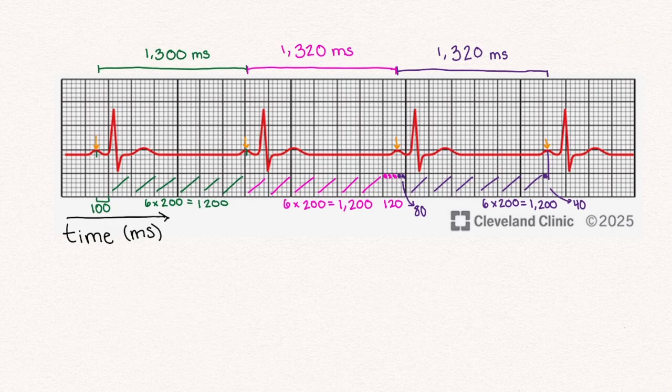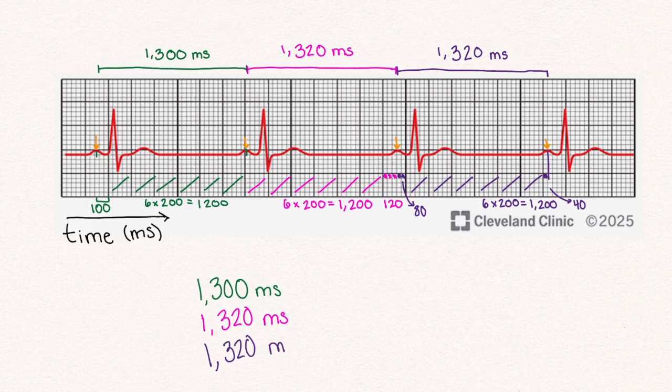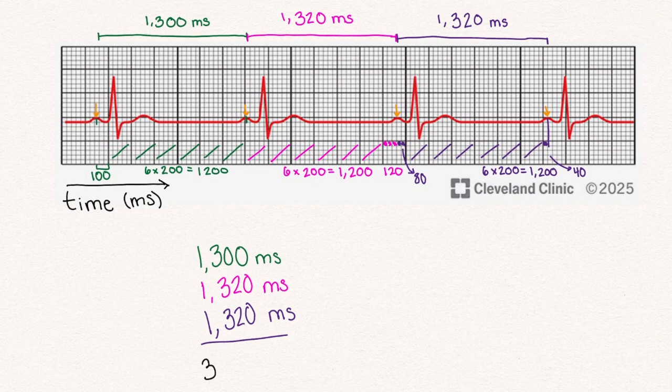Now, I need to find the average distance between P wave crests. To do that, I'm going to add my first interval, my second interval, and my third interval. That gives me 3,940 milliseconds total. This is not the average.